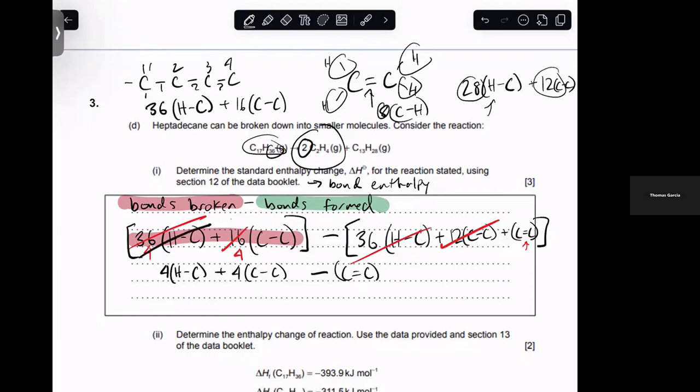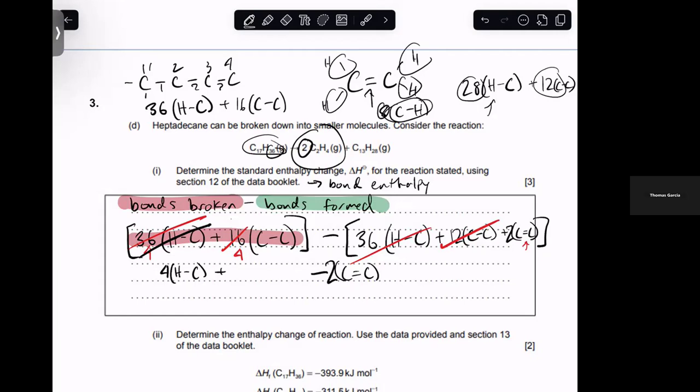So I'm going to cancel all of those out. For my carbon carbon bonds, I should have 2 of them. So going back and editing this, my final formula instead looks like this. 4 hydrogen carbon bonds minus 2 carbon carbon double bonds.